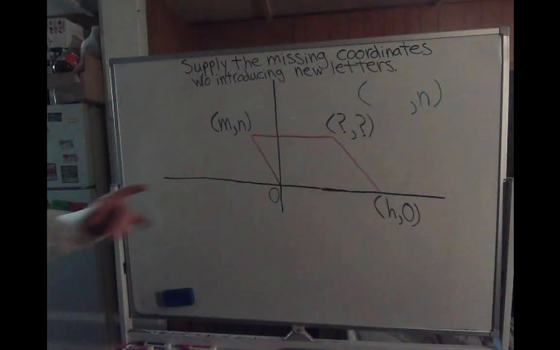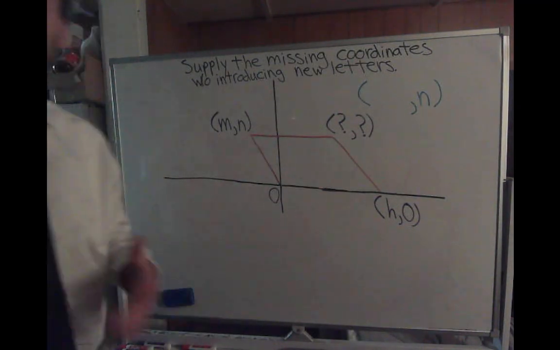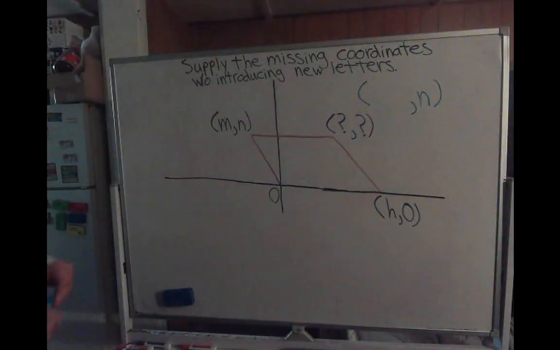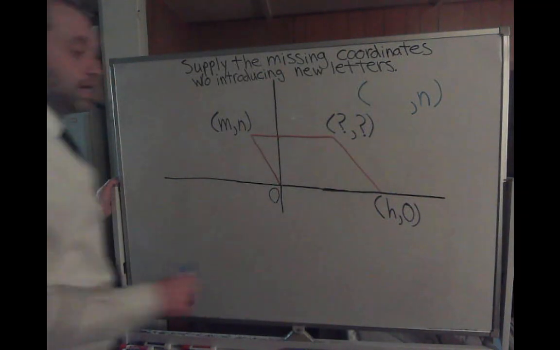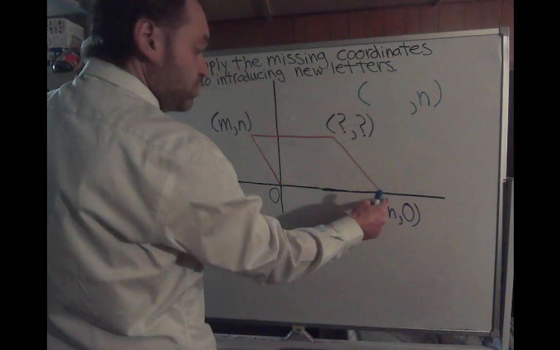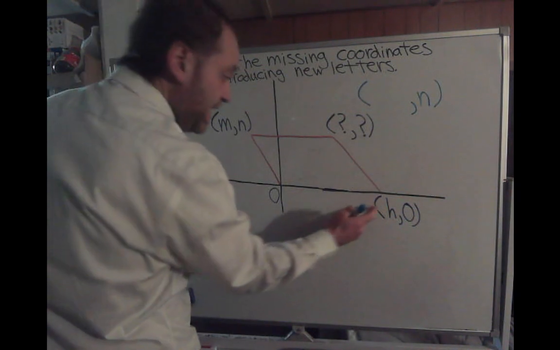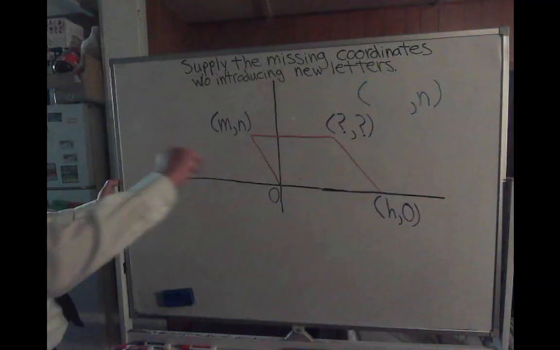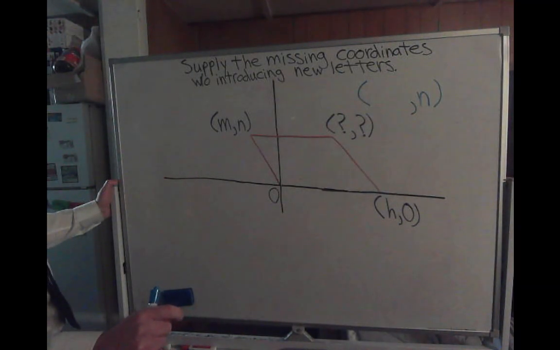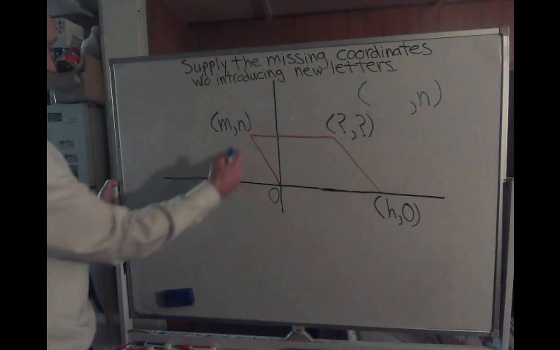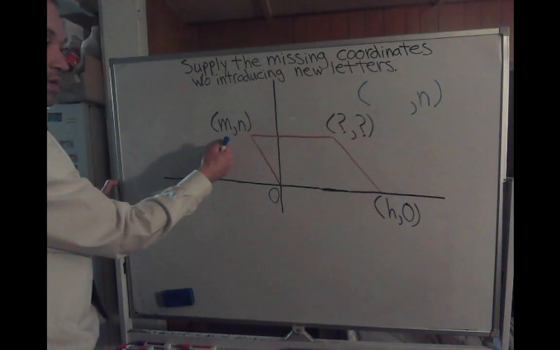We remember, again, opposite sides of a parallelogram are congruent. Well, this coordinate is over h units from the origin. That's the x coordinate. And then from here, it's over m units.